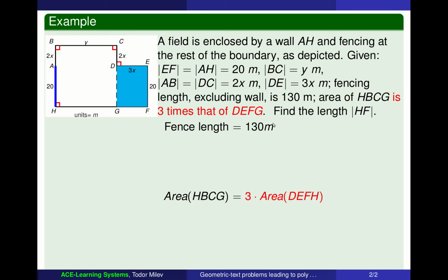So the area of the big rectangle is 3 times the area of rectangle DEFG. So the small rectangle has 1/3 of the area of the large rectangle. Let's find the length of the segment HF. So we're looking for the length of this segment, segment HF.